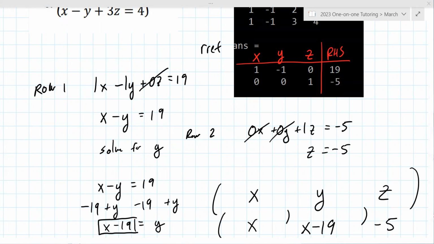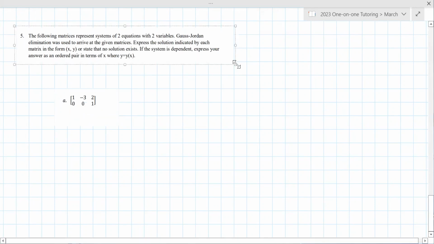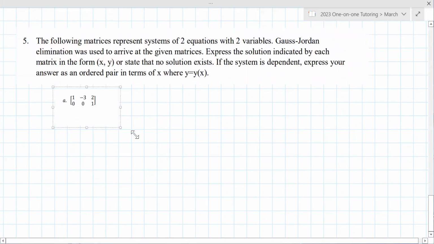Okay. All right, so number 5 here, we'll do one at a time. I'm snipping in part A. Notice how the last row, and you tend to focus on that last row, is X, Y, and then the right-hand side.